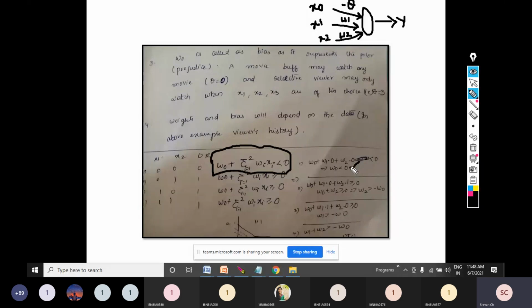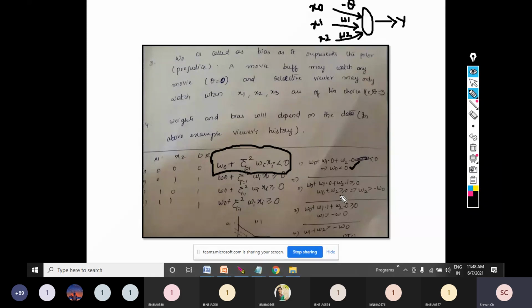Why should I write less than 0? Because see here, output is 0 when x1, x2 both are zeros. Output is 0 means, if you remember our previous equation, sigma of xi into wi minus theta is less than 0.